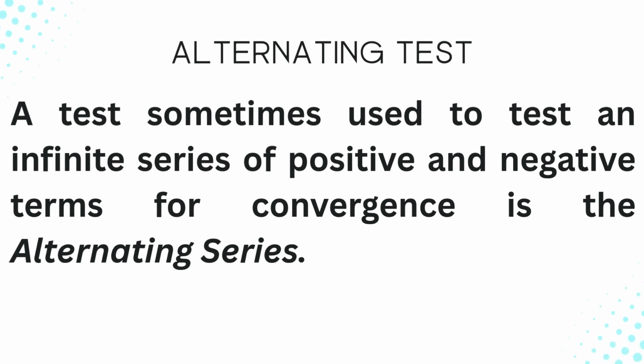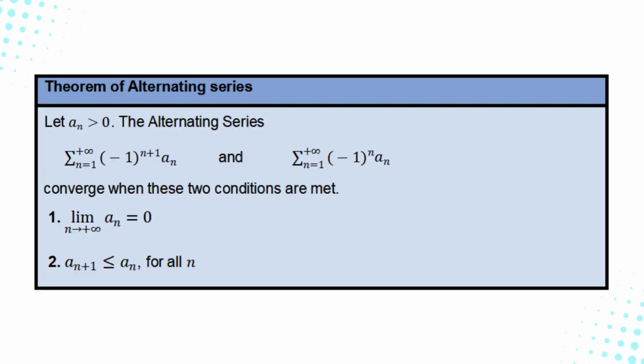A test sometimes used to test an infinite series of positive and negative terms for convergence is the alternating series test. Theorem of alternating series: let a sub n be greater than 0.